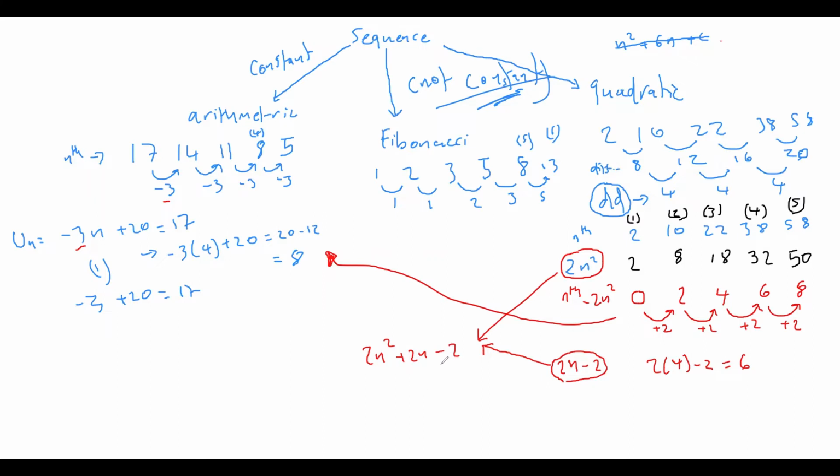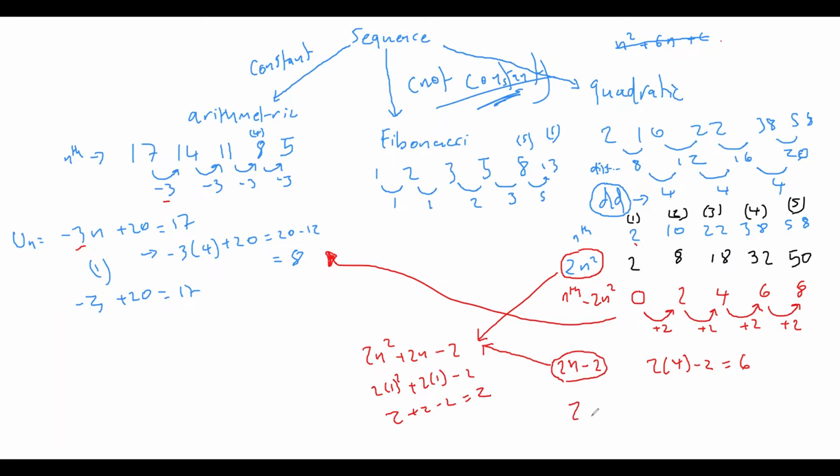And we can double check this. If we put 1 in there, what's it going to give us? 2, because 1 squared is 1, times 2 is 2, plus 2 minus 2, which is equal to 2. And that's what we can see here. We can check it with another number, for example 4.